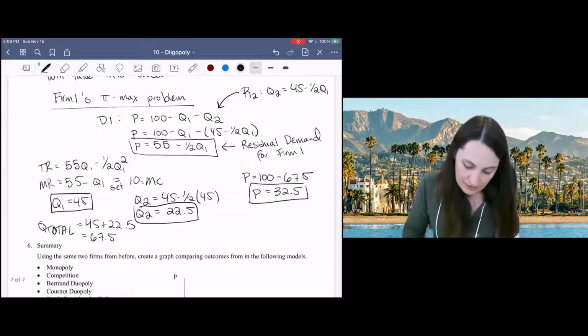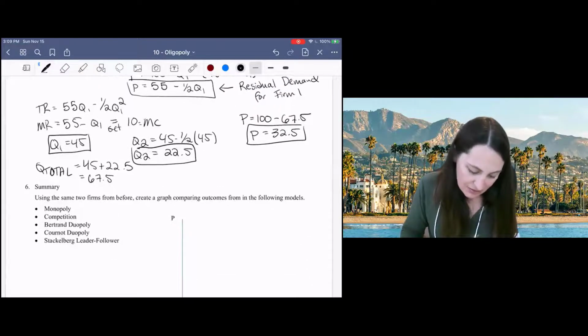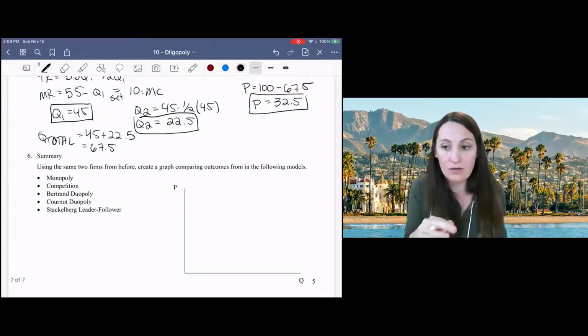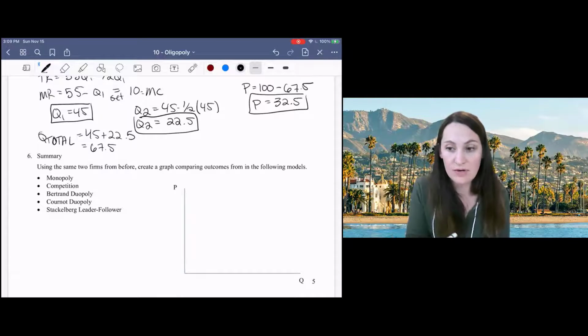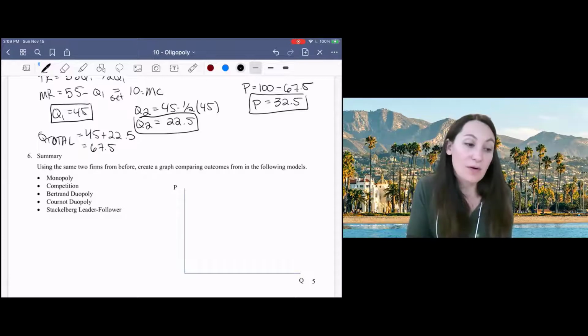All right. So the last thing that we want to do is compare all of these different models and their predictions about how firms in an oligopoly market will behave.